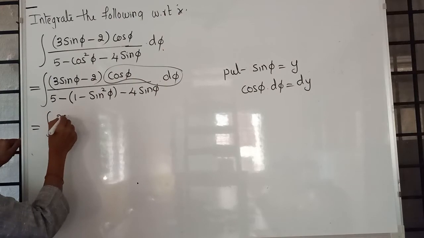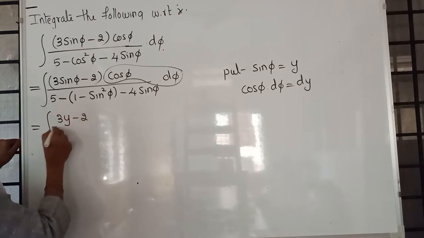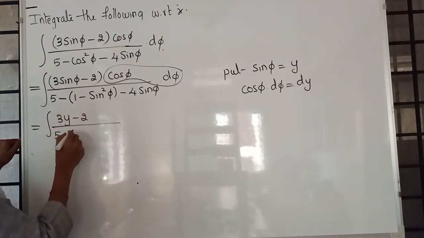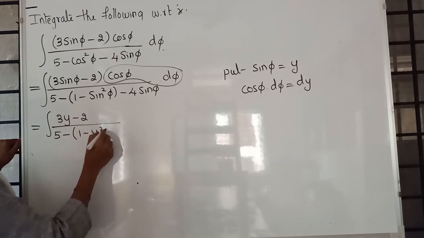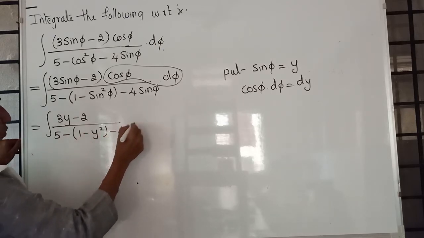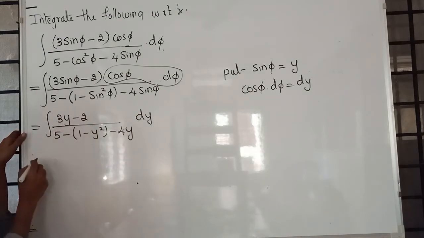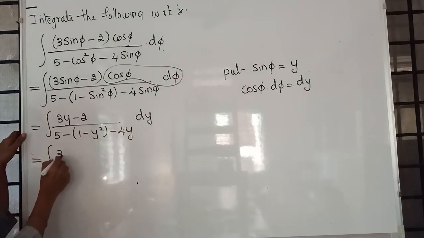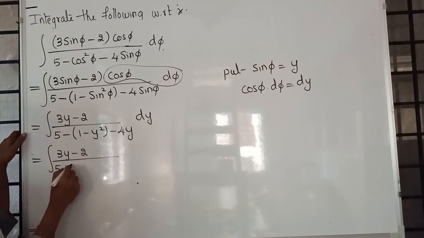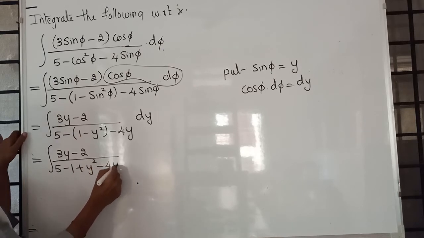It is the integral of (3y minus 2) divided by (5 minus 1 minus y square minus 4y) dy. Now simplify the denominator. 5 minus 1, minus into minus plus, minus 4y.